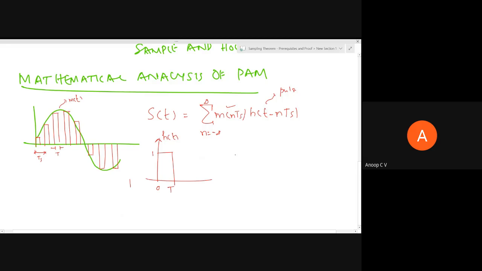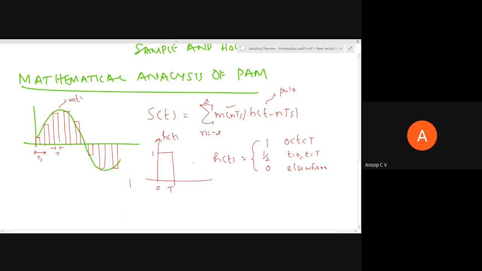If I define it perfectly, h of t has to be 1 for 0 less than t less than capital T. Now the question is, what is the value of h of t at time instance 0 and time instance capital T? Maybe I can say it is half at t equal to 0 and t equal to capital T, and it will be 0 elsewhere. So this is our h of t.